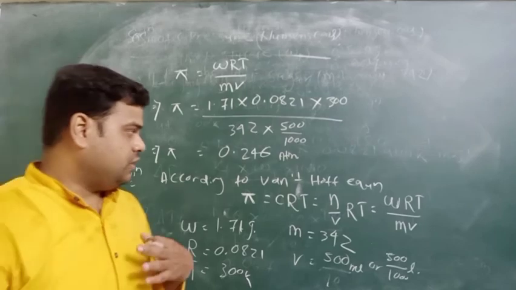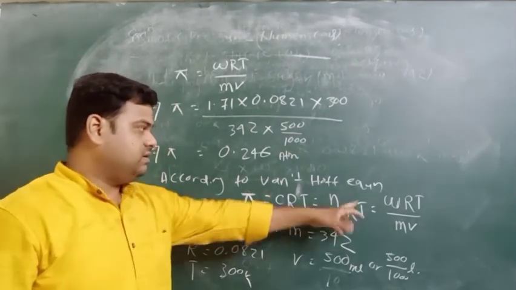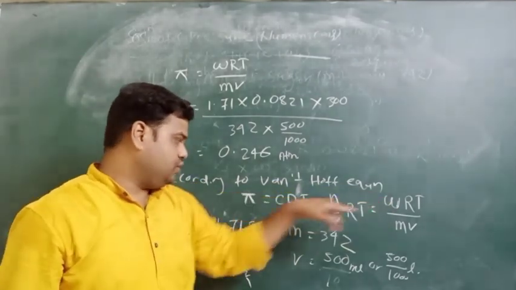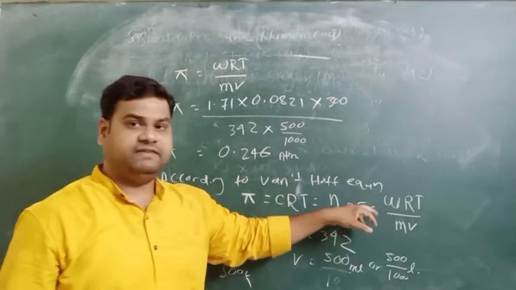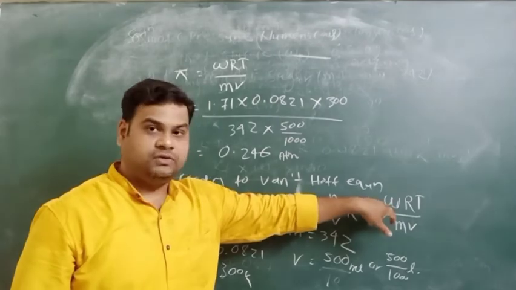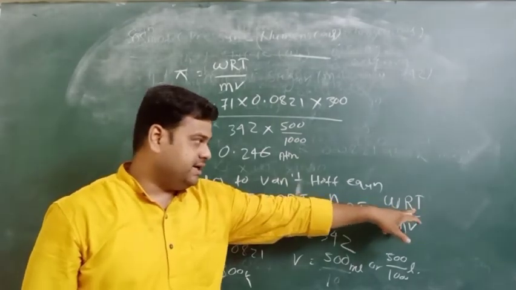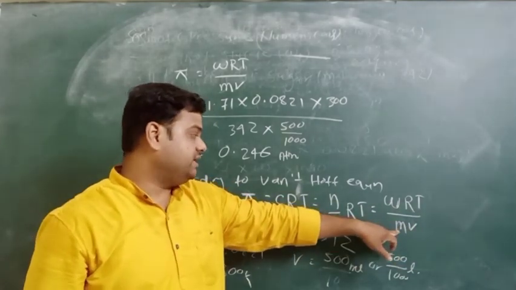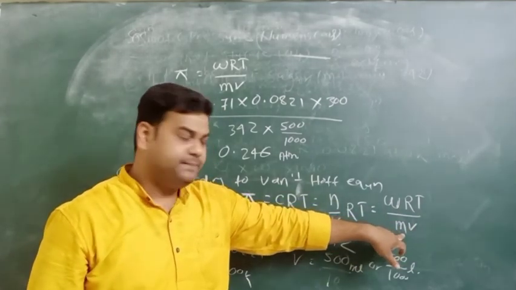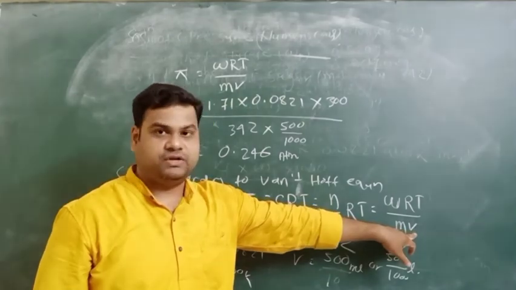You can calculate the value of osmotic pressure if the data are given, meaning the molar mass of the solute, the value of gas constant, the temperature, and the volume of the solution.